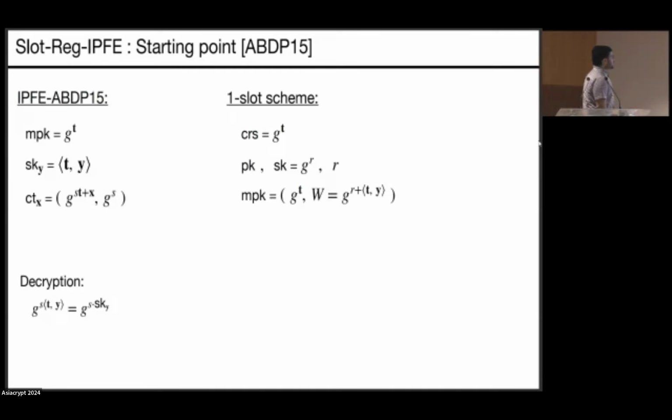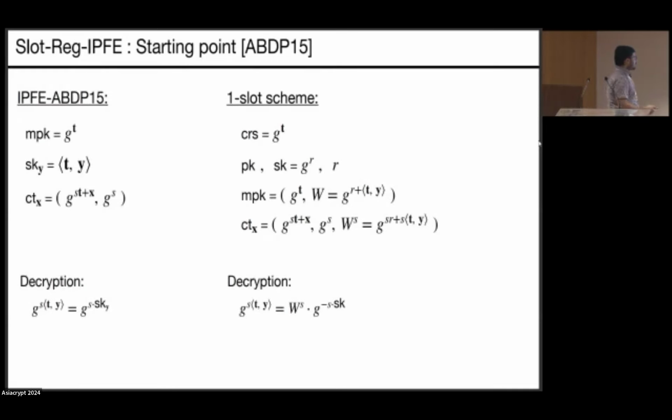The master public key binds the public key of the user with the function y in the form of W, capital W, which is g to the power r plus inner product of t and y. It also includes g to the power t. And the ciphertext additionally includes W to the power s. So now we can compute the masking term as W to the power s times g to the power minus r times s. I will call it the decryption equation.